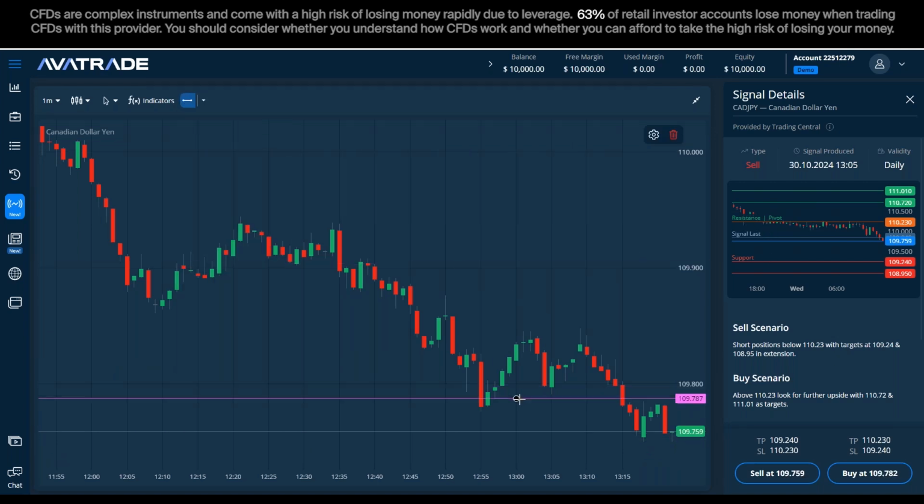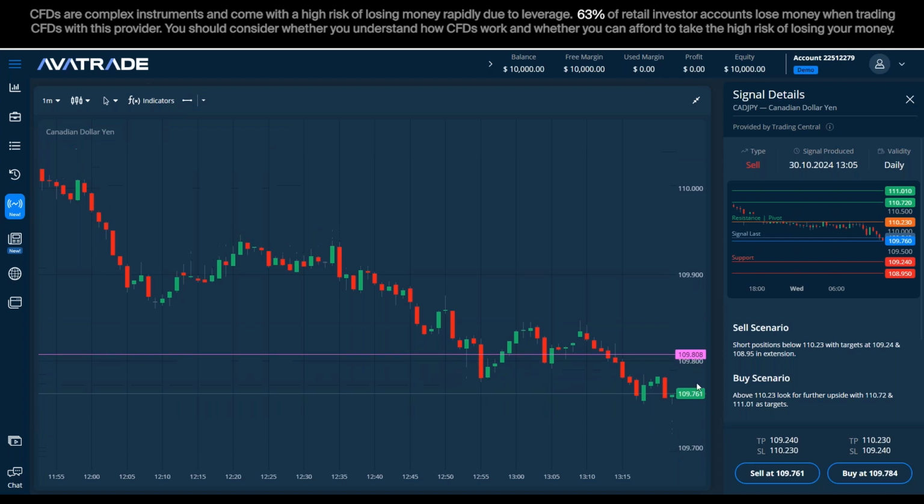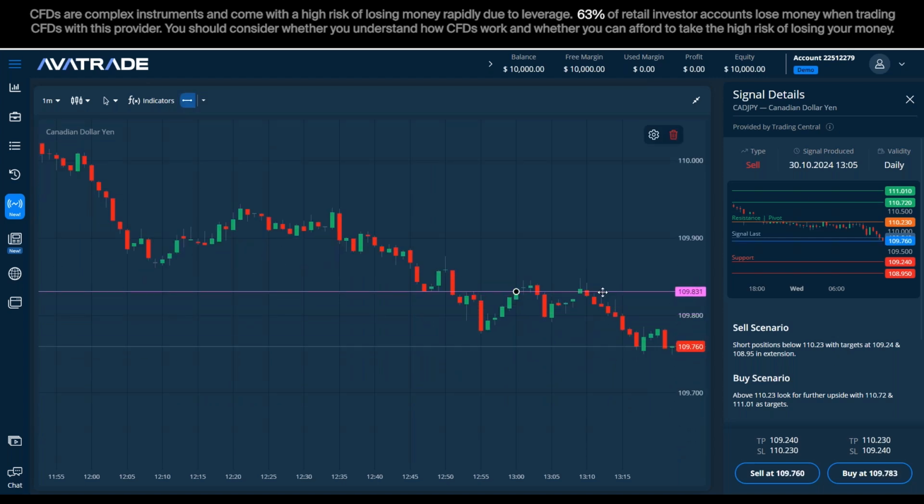You can also help yourself with the lines here to customize the picture to be similar. One thing you probably want to do, because the levels in here, you see 111 for CAD Japanese yen, is a little farther away for us.